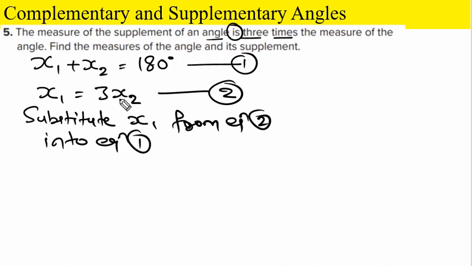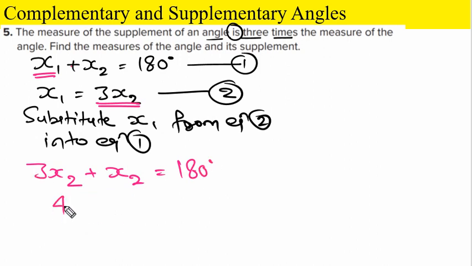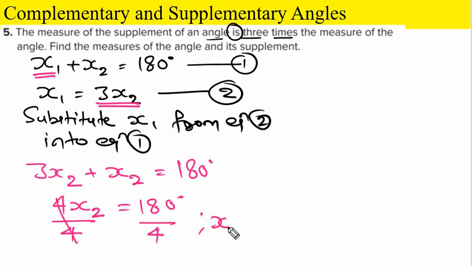What is that? 3x2 here. 3x2 plus x2 equals 180 degrees. Now 3 plus 1 is 4, so 4x2. This is basically 1x2, so 3x2 plus x2 is 4x2. Now divide by 4 on both sides. x2 will give you 180 divided by 4. That will give you 45.